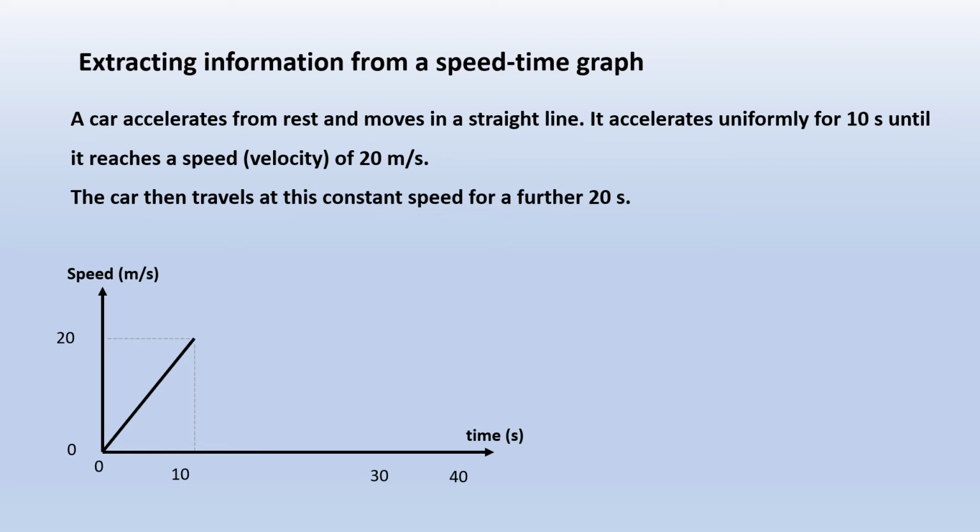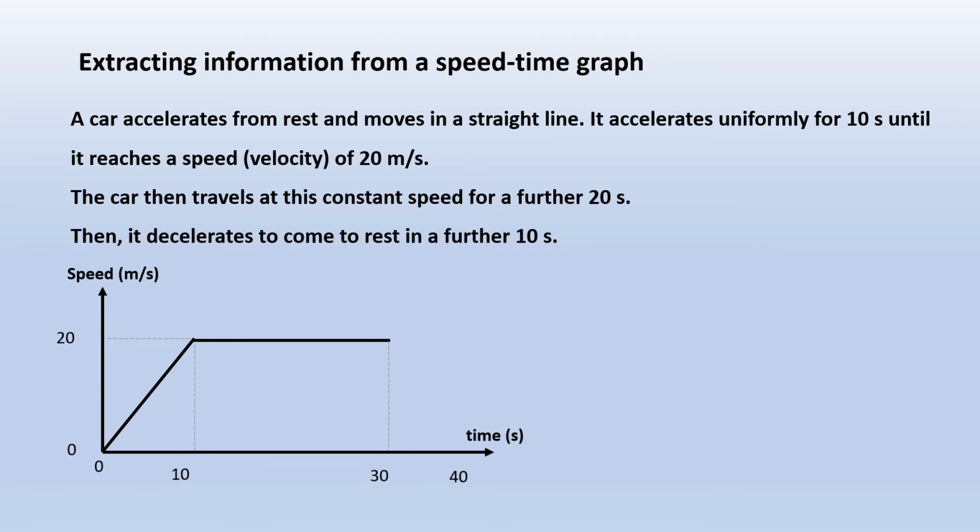The car then travels at this constant speed for a further 20 seconds. Then it decelerates to come to rest in a further 10 seconds. So here we have the speed-time graph for the car.